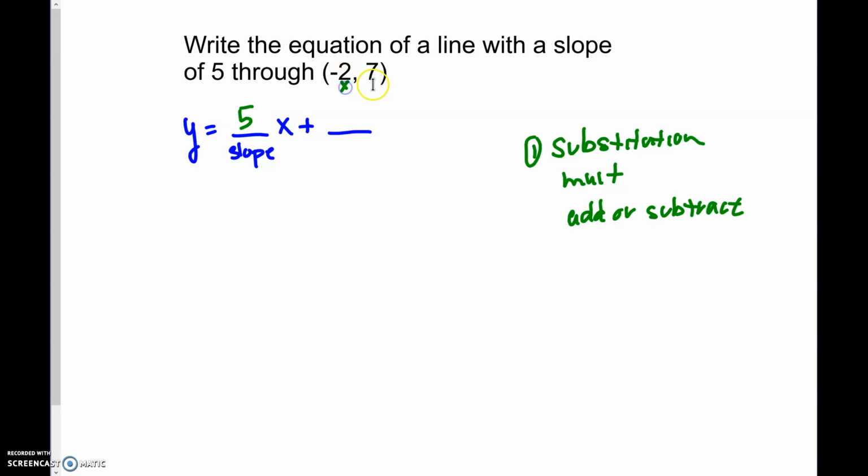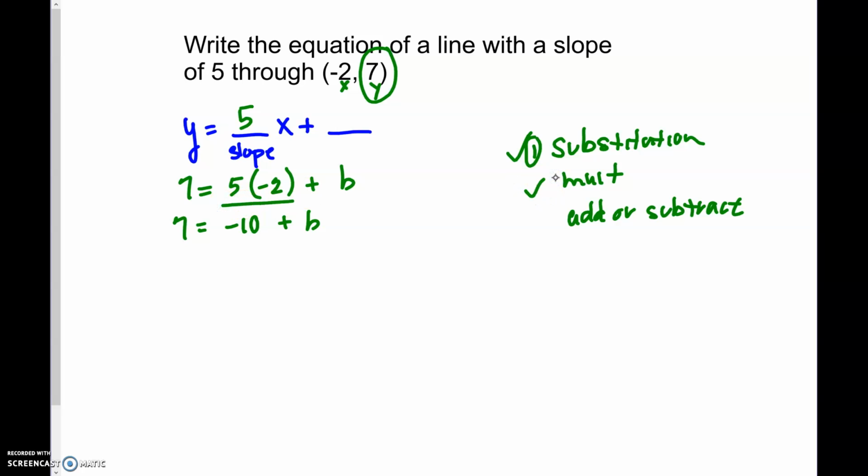This is your x, this is your y, so make sure that we put the 7 in for y. And then in place of x, we're going to plug in a -2, and we're going to solve for that y-intercept. So 7 equals -10 plus b. So we've done substitution by substituting in the -2 and the 7. Then we just did our multiplying because we multiplied 5 times -2.